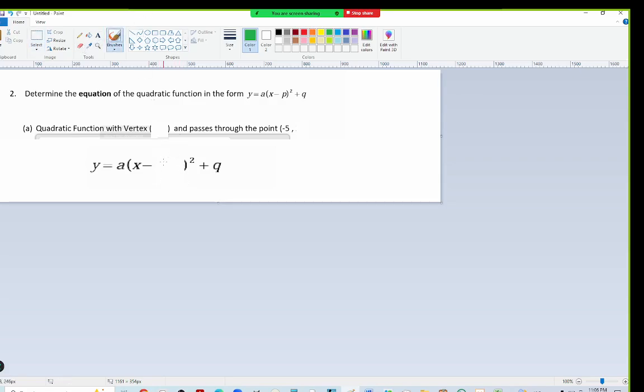I think we had minus 3. I know that that's 50 because they told me the vertex here was 3 comma 50. And I now have figured out that the A is negative 3 over 4. So now I rewrite it like that, and I leave the x and the y like this. This is the answer he's looking for.